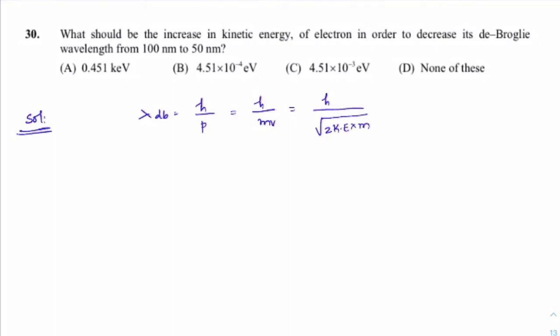Okay, this is one thing, but the problem is we have to calculate all of this. So the other way of writing it is lambda equal to under root of 150 by kinetic energy, in electron volts.